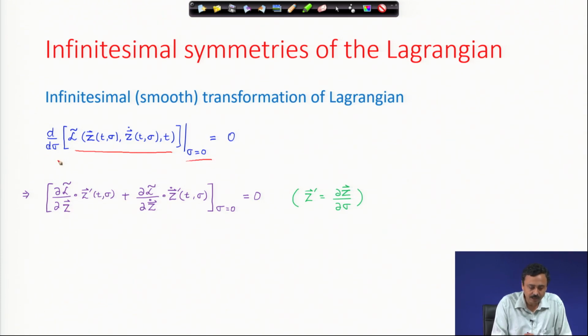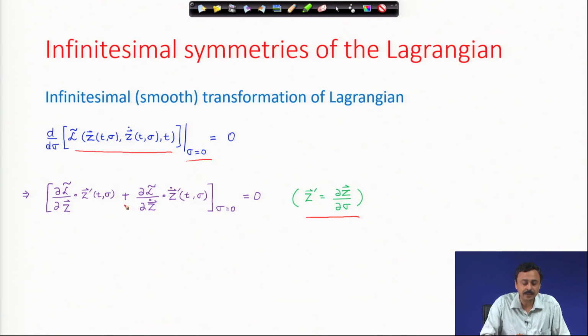What is d sigma of L tilde? We take the partial derivative, using the chain rule: del L tilde del z, the first argument being a vector argument, dot z prime, where z prime means the partial derivative of z with respect to sigma.